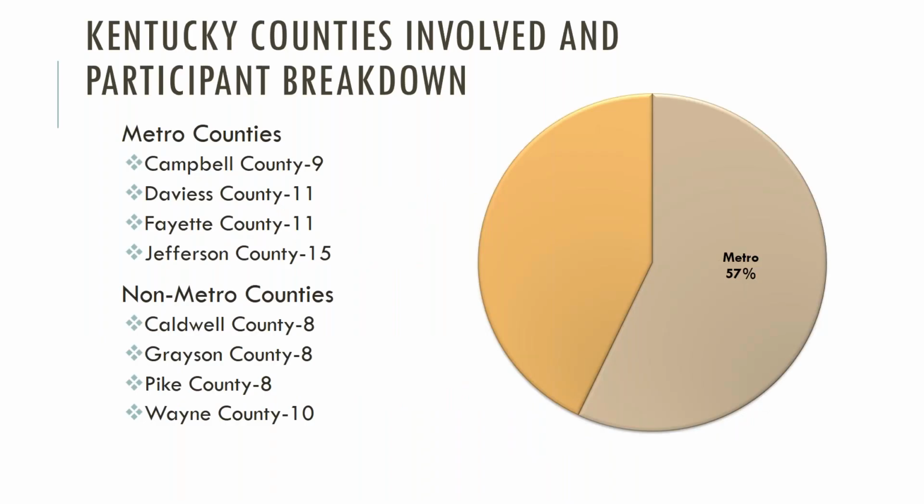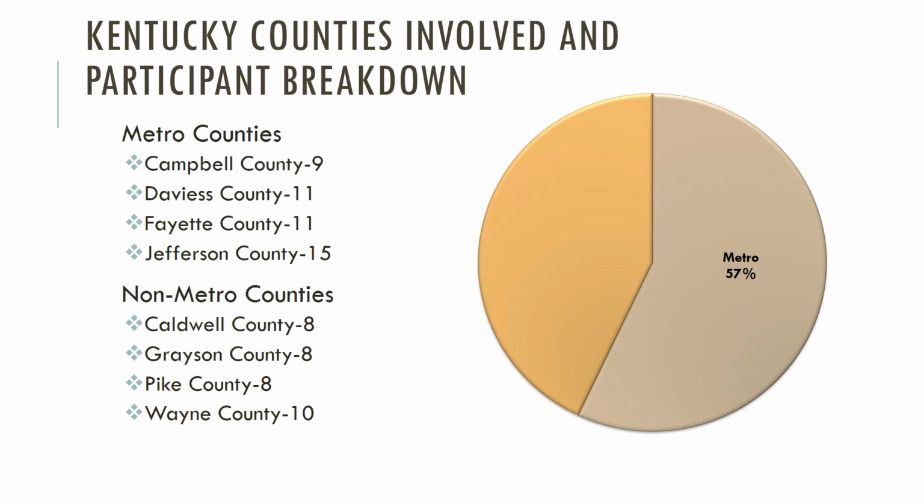We tried to divide our counties sort of equally between metro and non-metro counties, and we tried to make sure that they were geographically dispersed. And beyond that, we were just looking for counties that had a farmer's market, and one where we had some personnel who could help us implement the research.